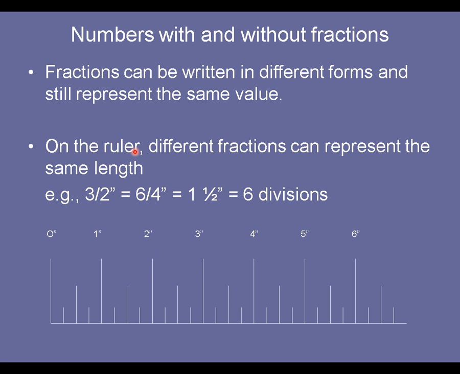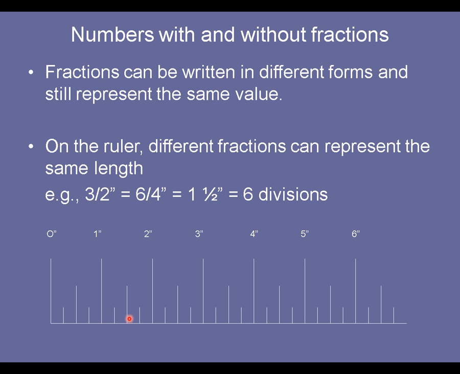Okay. Now, just like the whole numbers, we can measure fractions using scales, or a ruler, whatever. So different fractions can represent the same length sometimes. For example, if you look at this scale, if you have 6 divisions, this is 1 division, this is 2, 3, 4, 5, 6.